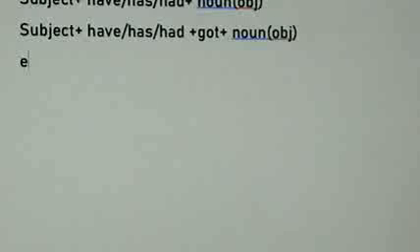Let's see the example. I will give you examples related to both structures, and I will tell you the difference between these two structures.